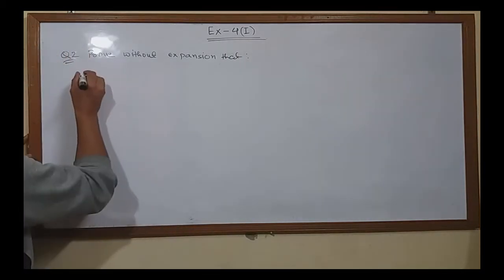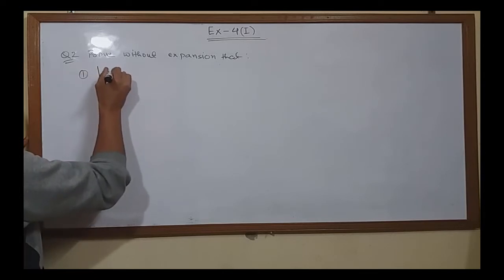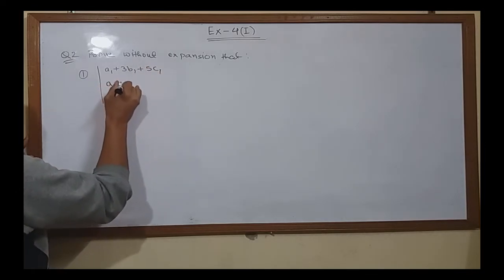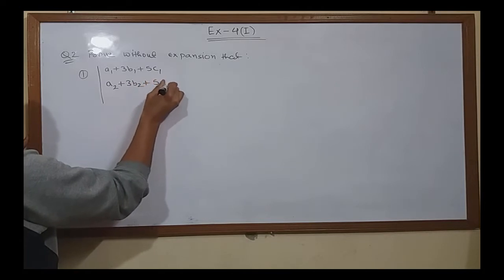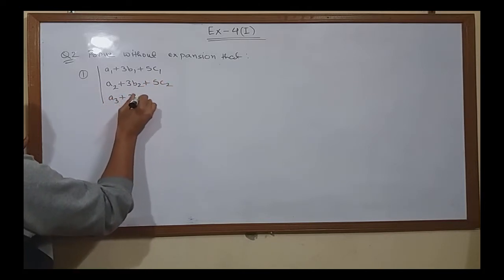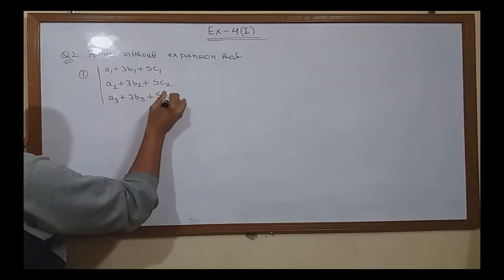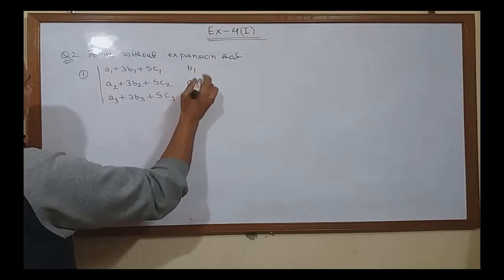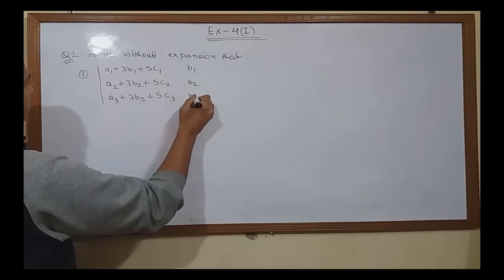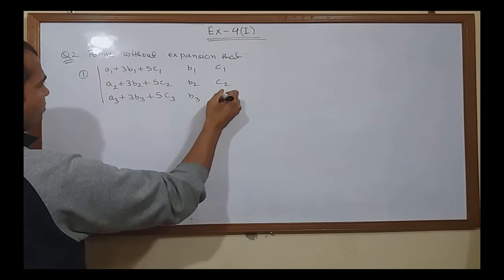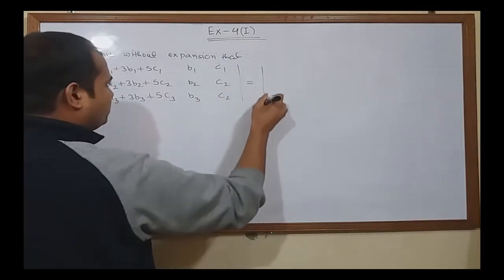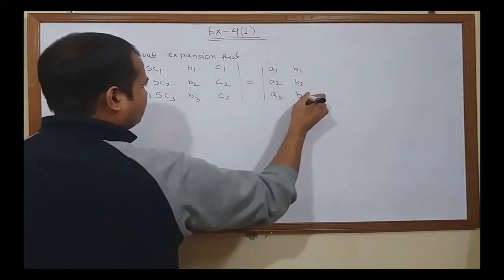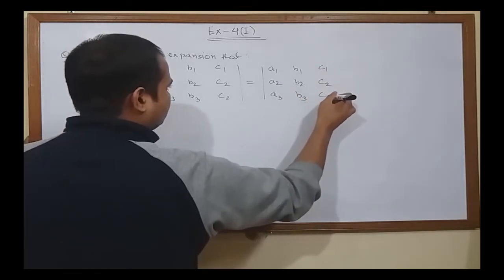Number one is the determinant with first column a1 plus 3b1 plus 5c1, a2 plus 3b2 plus 5c2, a3 plus 3b3 plus 5c3, then here you have b1, b2, b3, c1, c2, c3, equal to the determinant a1, a2, a3, b1, b2, b3, c1, c2, c3.